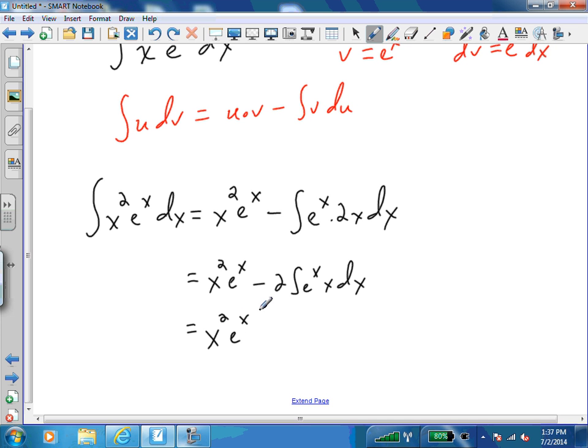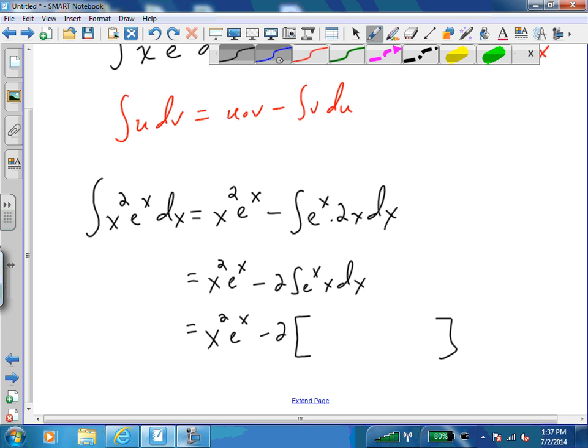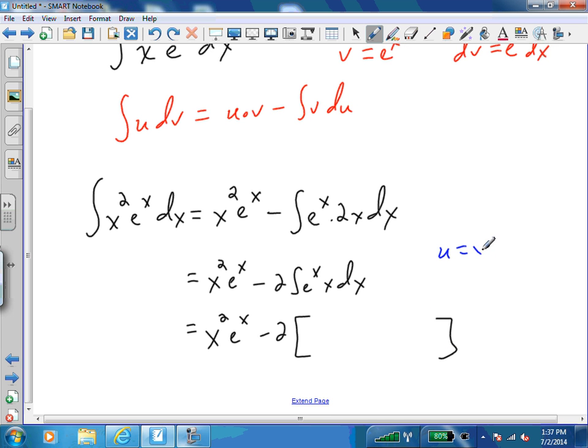So we just repeat. We have our minus 2 out front. This time u would be x, dv e to the x dx. So the integral of e to the x dx is still e to the x. And what does du come to? 1 dx.